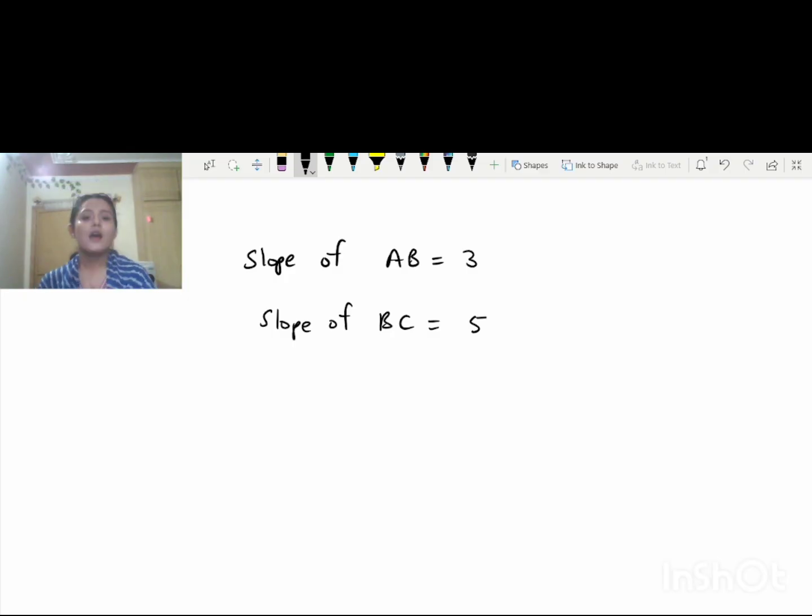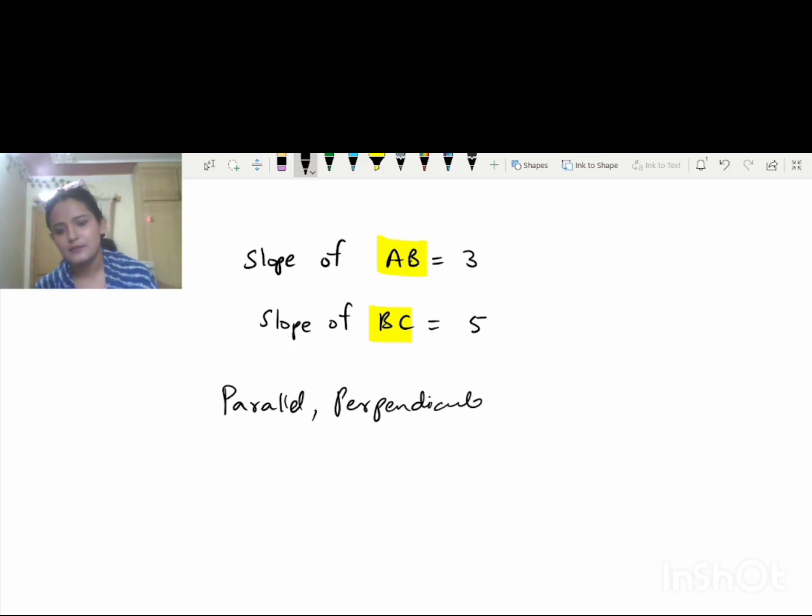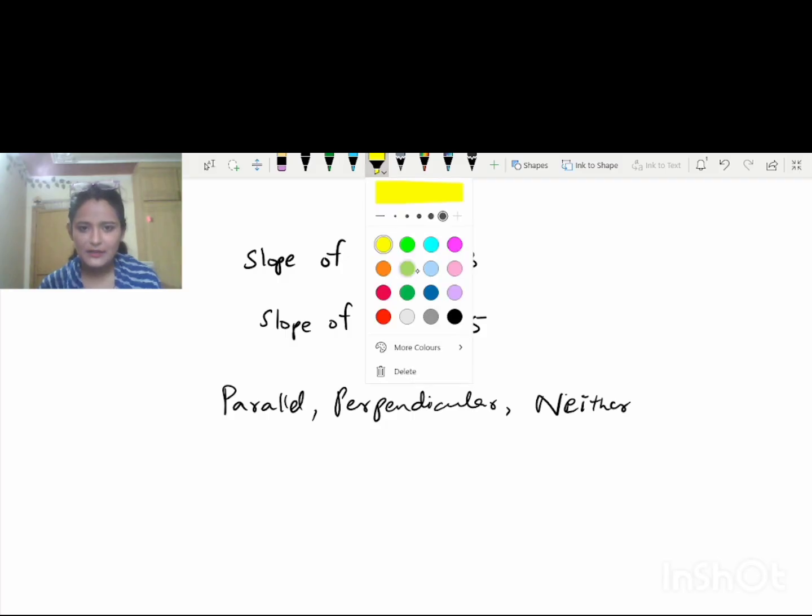Now, seeing the slopes, you have to tell me whether these lines, your AB line and your BC line, are parallel, perpendicular, or neither. Okay students, this is for your practice. Make a judgment very carefully.